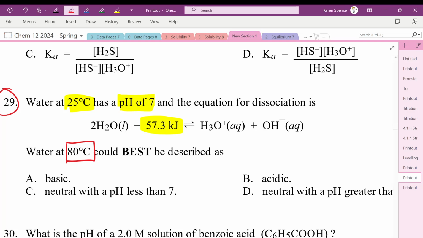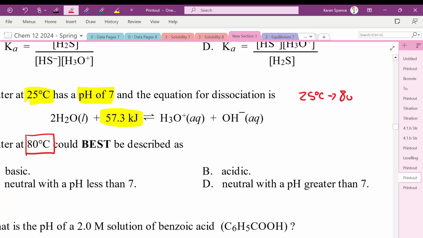So what is going to happen to this equilibrium if we go from 25 degrees Celsius to 80 degrees Celsius? So we've raised the temperature. And so what will happen now? It will shift to the right.